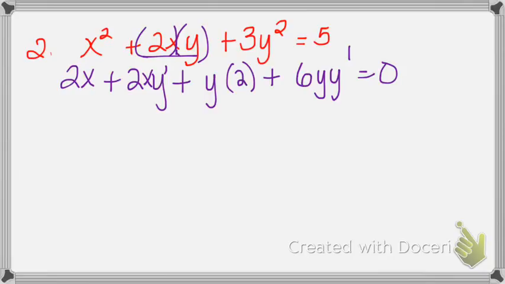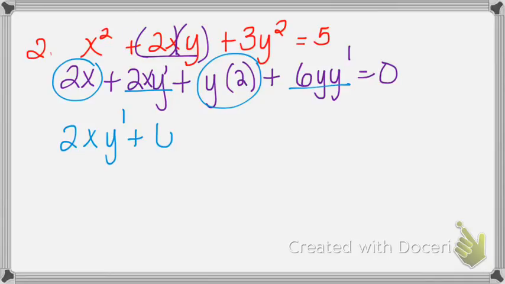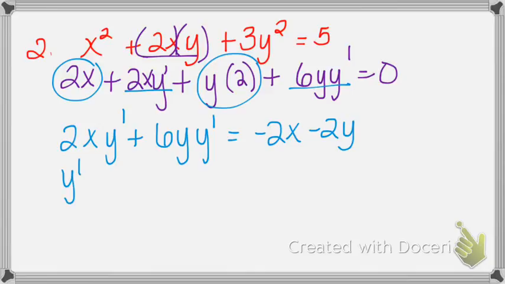Alright, I'm going to try to solve for y prime, and the way I'm going to do that is to get everything that has a y prime by itself. So this part and this part's going to stay, but I'm going to move the 2x and the 2y to the other side. Alright, on this side I'm going to factor out a y prime.